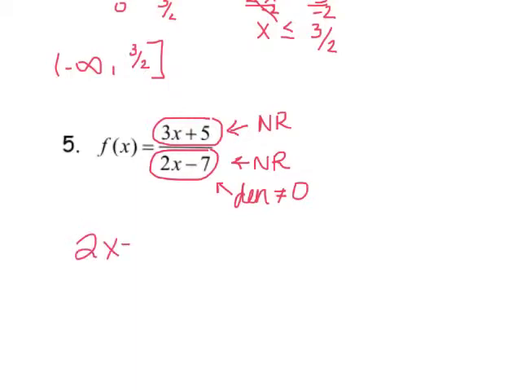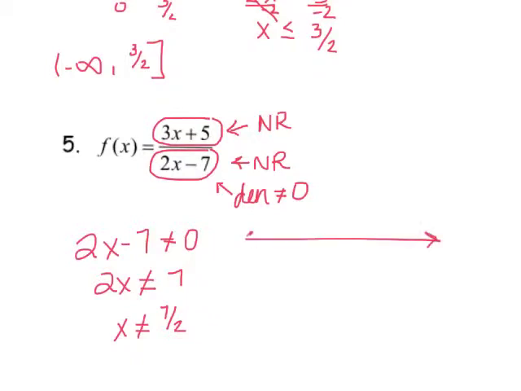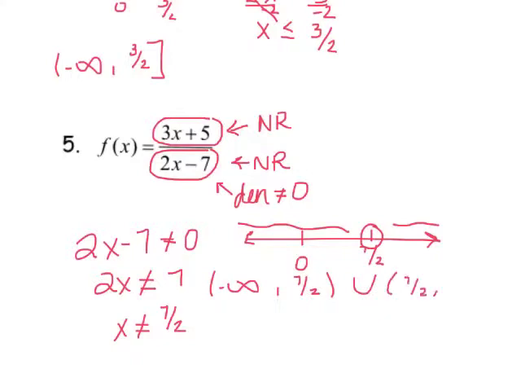So now I've got to say 2x minus 7 is not equal to 0. And that's the only restriction that this is going to have. So x cannot be 7 halves, or 3.5 if you prefer. So I've got an open circle here, but anything else is okay. So that's negative infinity to 7 halves, union 7 halves to positive infinity.